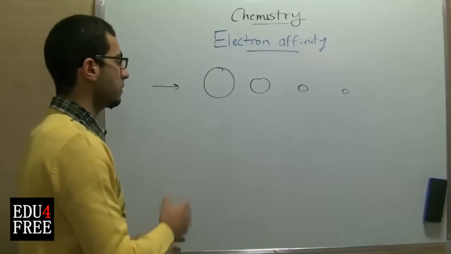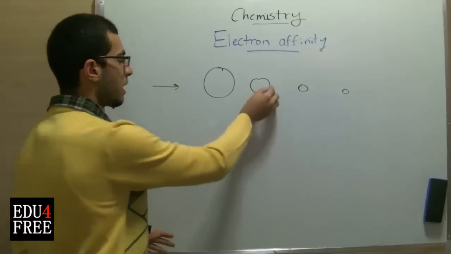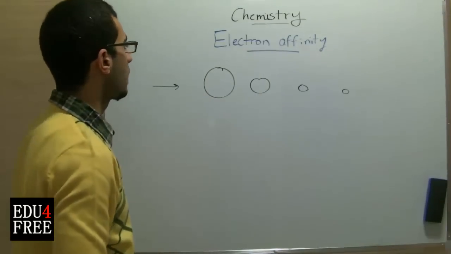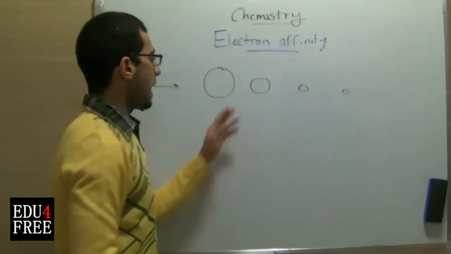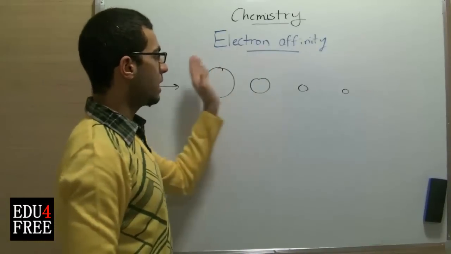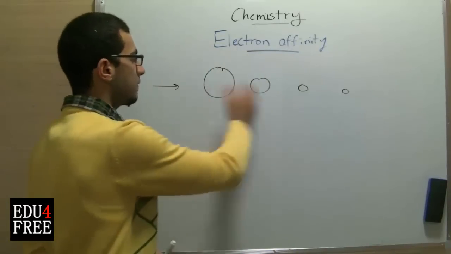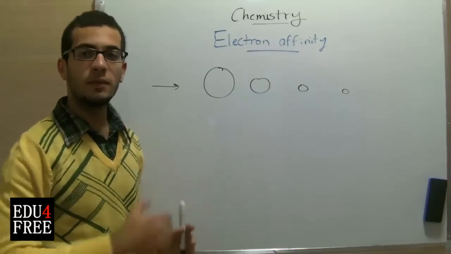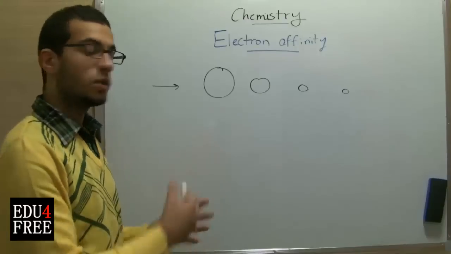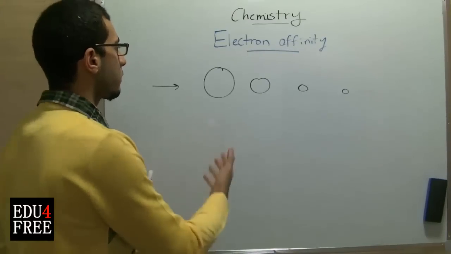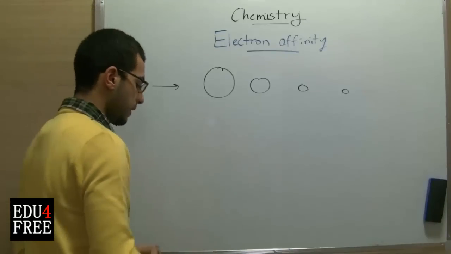If this attraction force increases, it will grab the electrons nearer to the nucleus, which decreases the atomic radius. So having the nuclear positive charge increasing as we go from left to right will help the nucleus to attract even electrons from outside to inside, and this of course will increase the electron affinity.